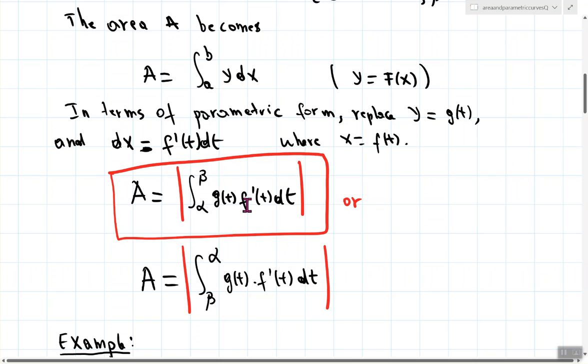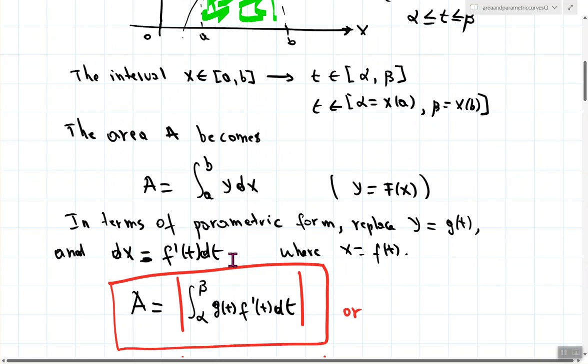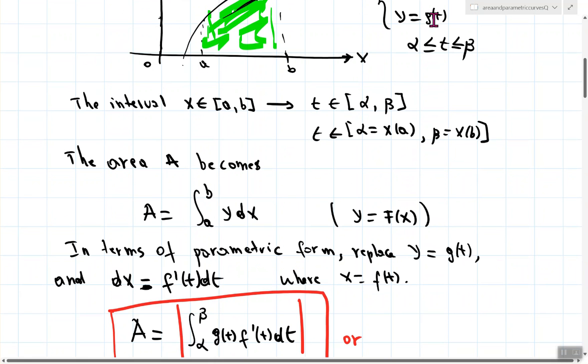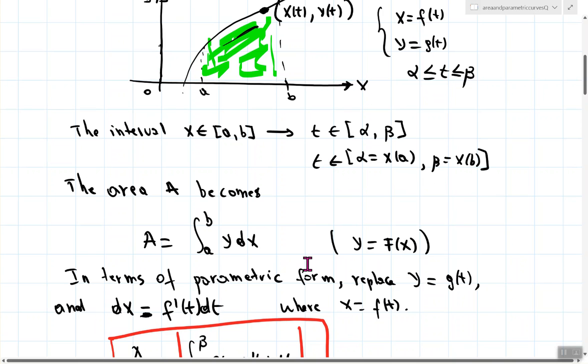So this is the area if they give you two parametric equations. As you know, g of t is actually y, and f prime of t dt is the derivative of x, which is x prime of t, which is f prime of t.